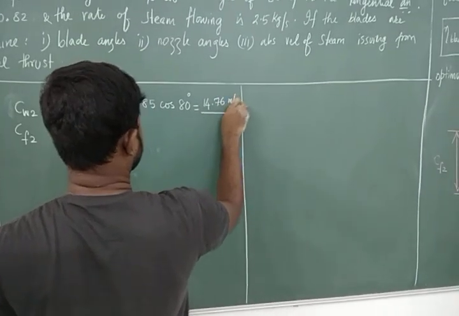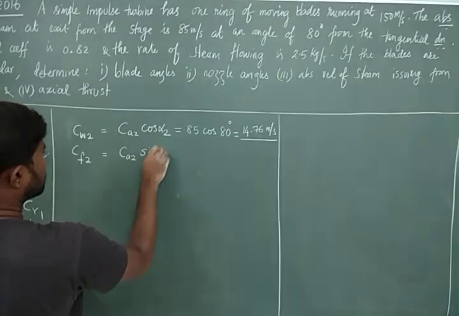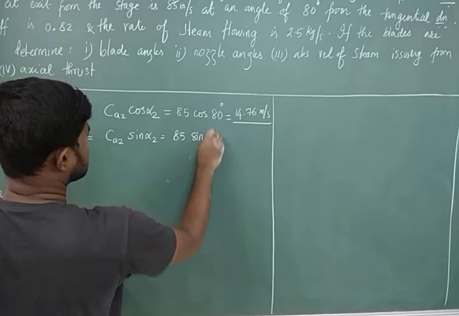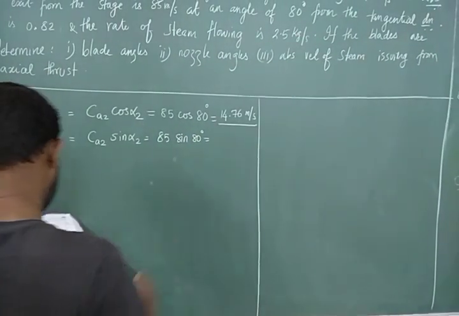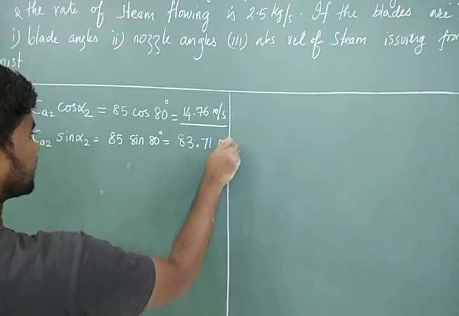And CF2 is CA2 sin alpha 2. This is equal to 85 sin 80 degrees. This turns out to be 83.71 meters per second. Okay.